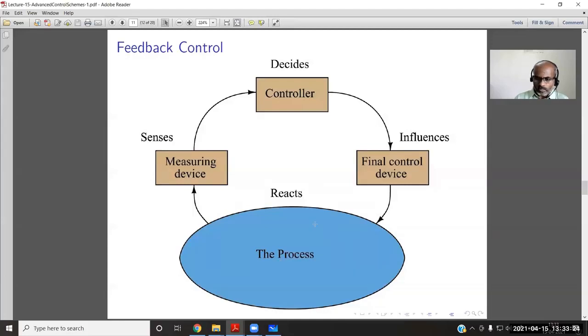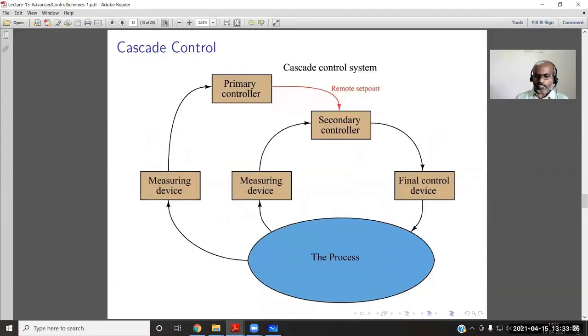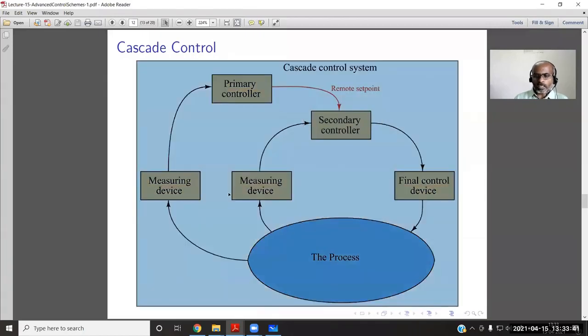And in cascade control, there are two measurements, two controllers and only one final control element. The inner loop is normally the fast loop, most of the time a flow loop.